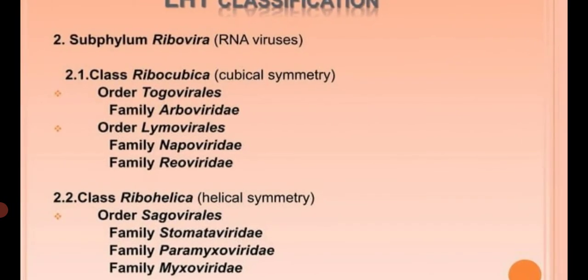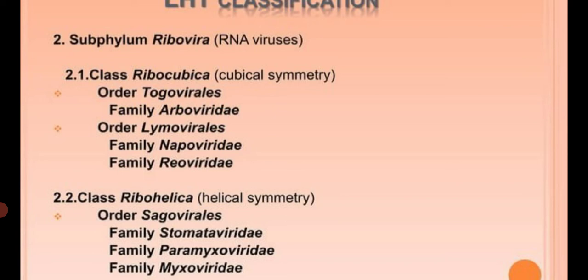Then the subphylum Ribovira. We saw a subphylum Deoxyvira where there were all the DNA viruses, but in subphylum Ribovira RNA viruses are kept, and it is subclassified into two classes. One is Ribocubica and another one is Ribohelica.